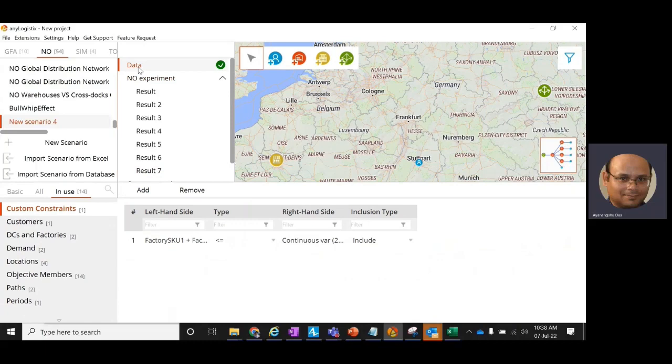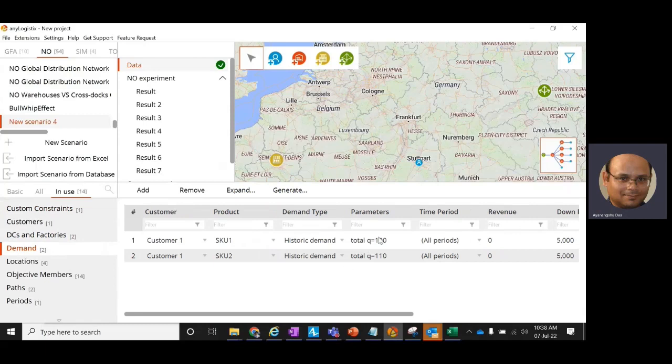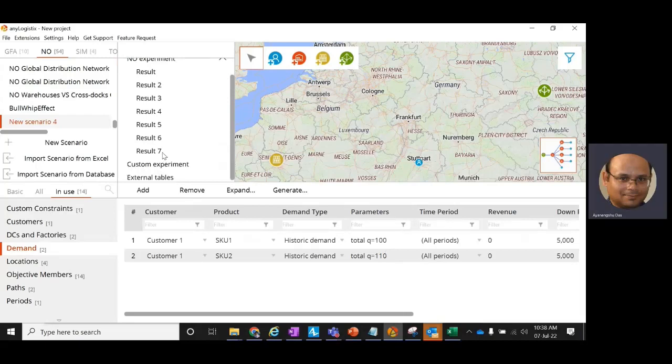Since we said that the capacity of the machine is not more than 200, whether it manufactures only SKU1 or SKU2 or both, the total amount should not exceed 200. So the demand was 210, but it has actually produced only a quantity of 200, as we see in the output.